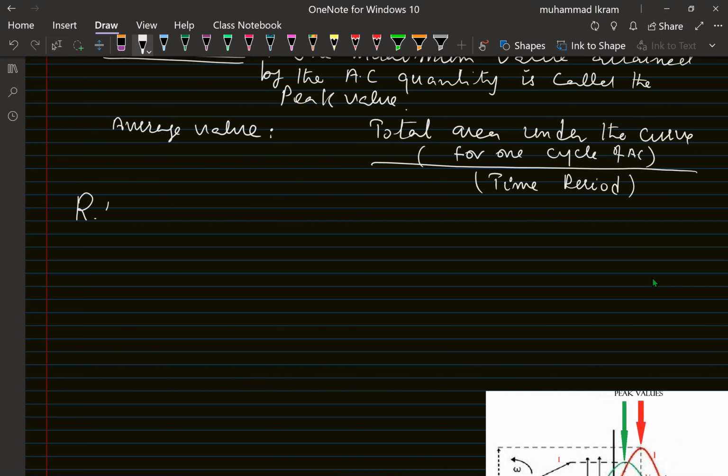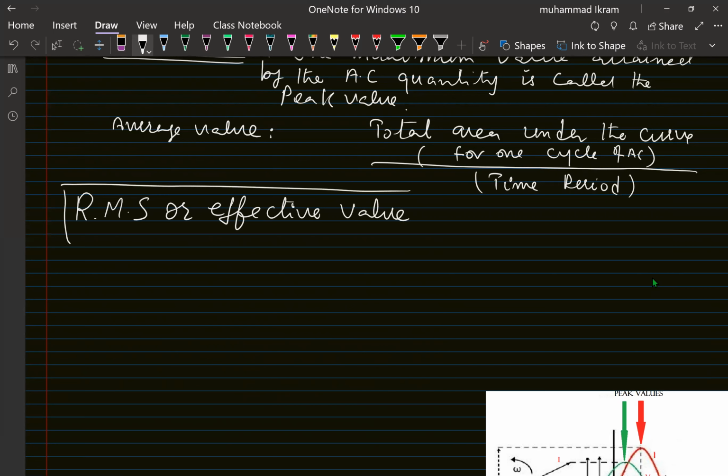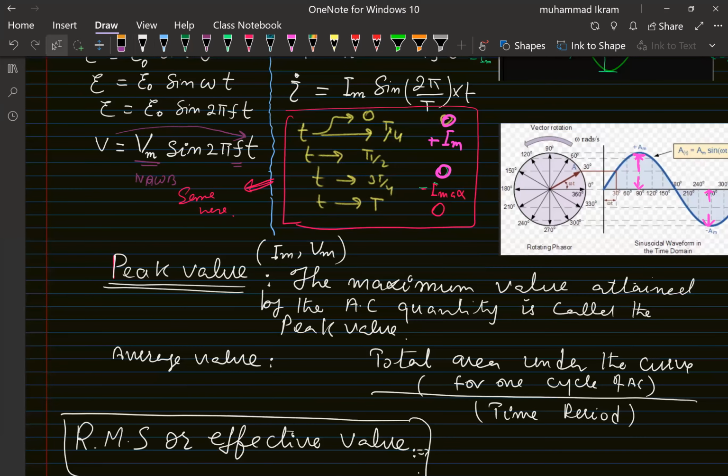First of all, I just want to explain the need of this value, what it really is, and then I will explain what the RMS value really means. First of all, let us see the problem here, and what is the problem here, which you will see now.